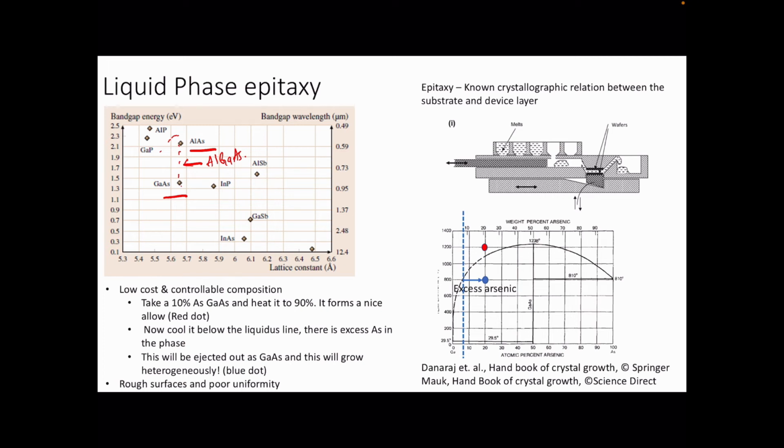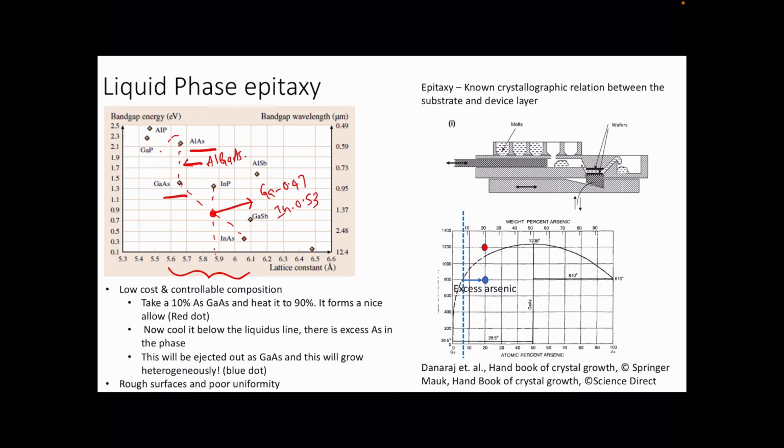And another important material system is indium gallium arsenide, which exists in this layer. As you can see, there is a huge variance in the lattice constant, so it is typically not used with varying concentrations of this. The most common concentration exists here, which is about gallium 0.47 and indium 0.53.